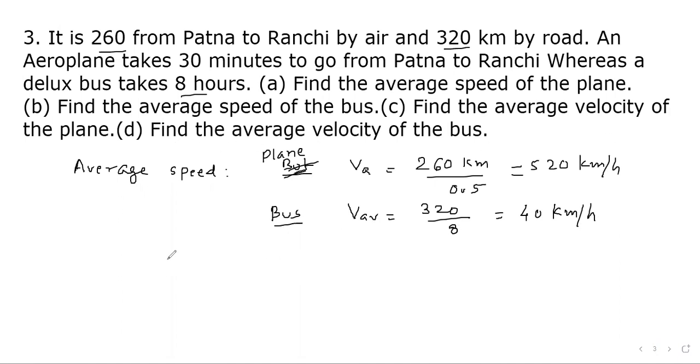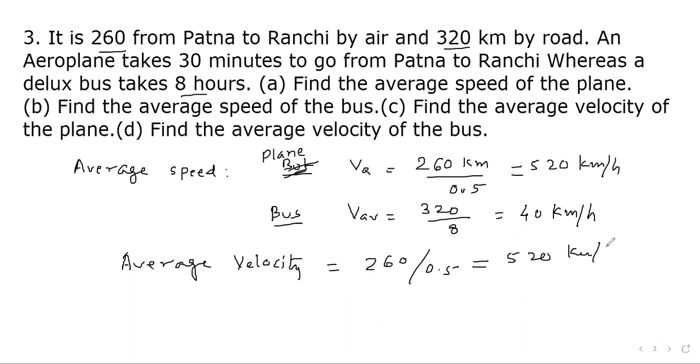Now, average velocity. For average velocity, we have to take displacement, but for the plane, displacement and distance are both the same. So it will be 260 divided by 0.5, that is 520 kilometers per hour. And this is for plane.